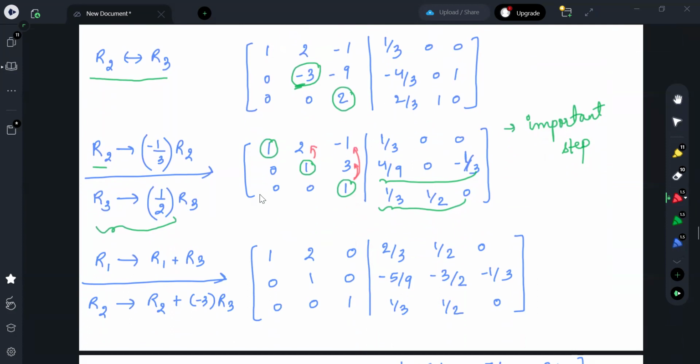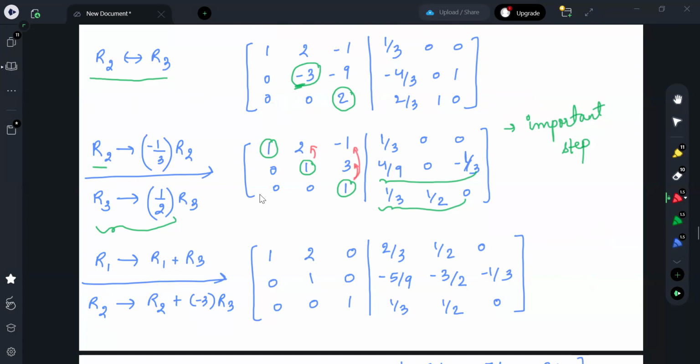I picked column 3, and I'm making the -1 a 0. So I'm going to add R1 plus R3. I'm going to make a 3 a 0, so I'm going to add R2 plus -3 times R3 to that column. And there we go. These 2 entries are the desired 0 that we needed.